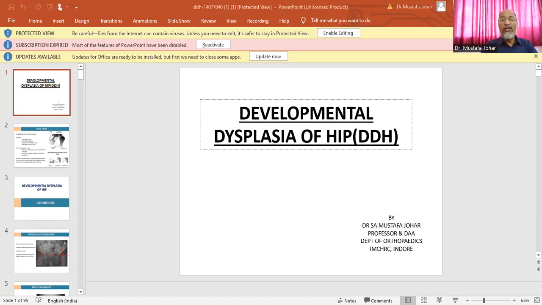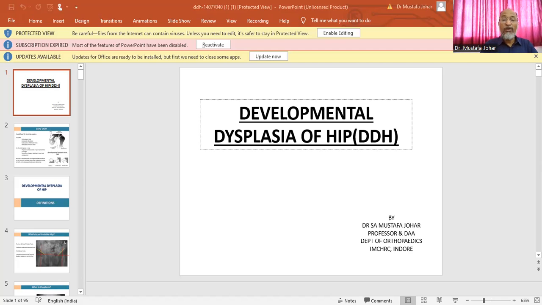Then you have got the Ortolani sign, as we talked about earlier. The child already has a dislocation, and you hold both thighs of the child with your thumb on the anterior aspect of the thigh and four fingers on the back of the thigh, and you try to reduce the hip joint or head of the femur.